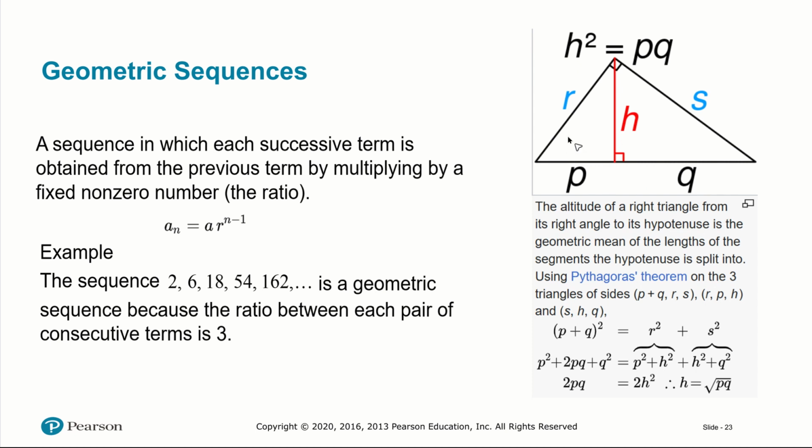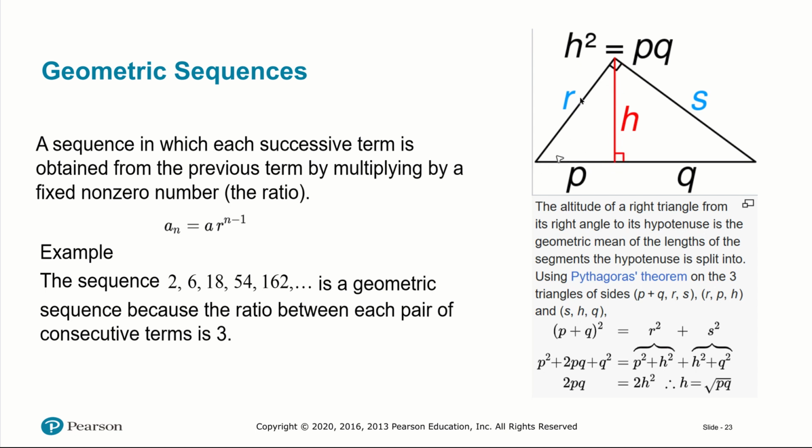And according to the theorem by Pythagoras, the length of the hypotenuse squared is equal to the sum of the squares of the two legs. So that's all this is claiming here. If we just expand this using algebra, we get p squared plus 2pq plus q squared.